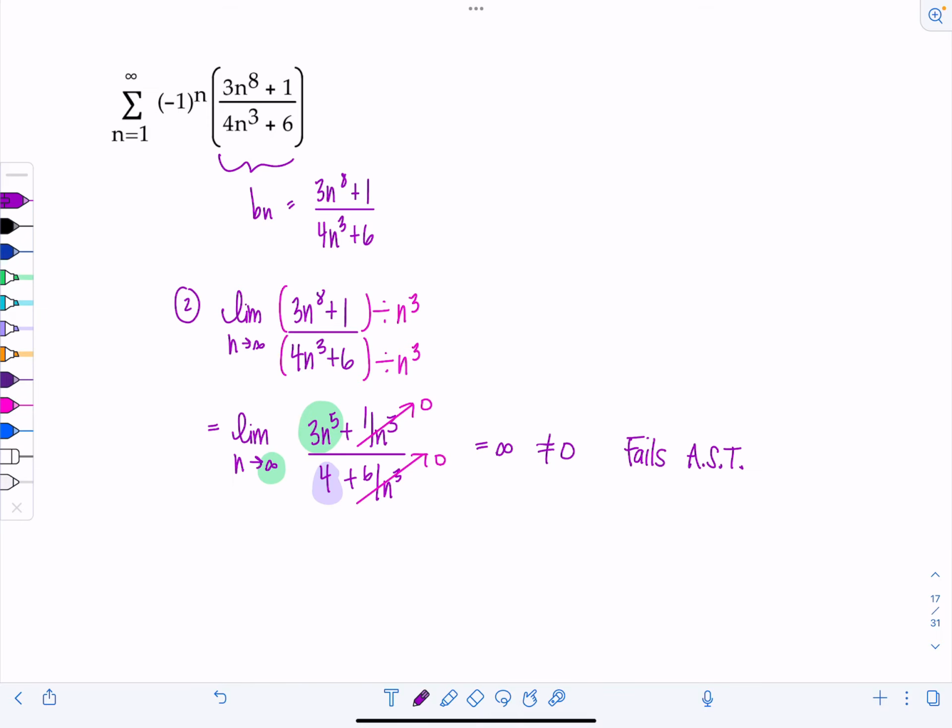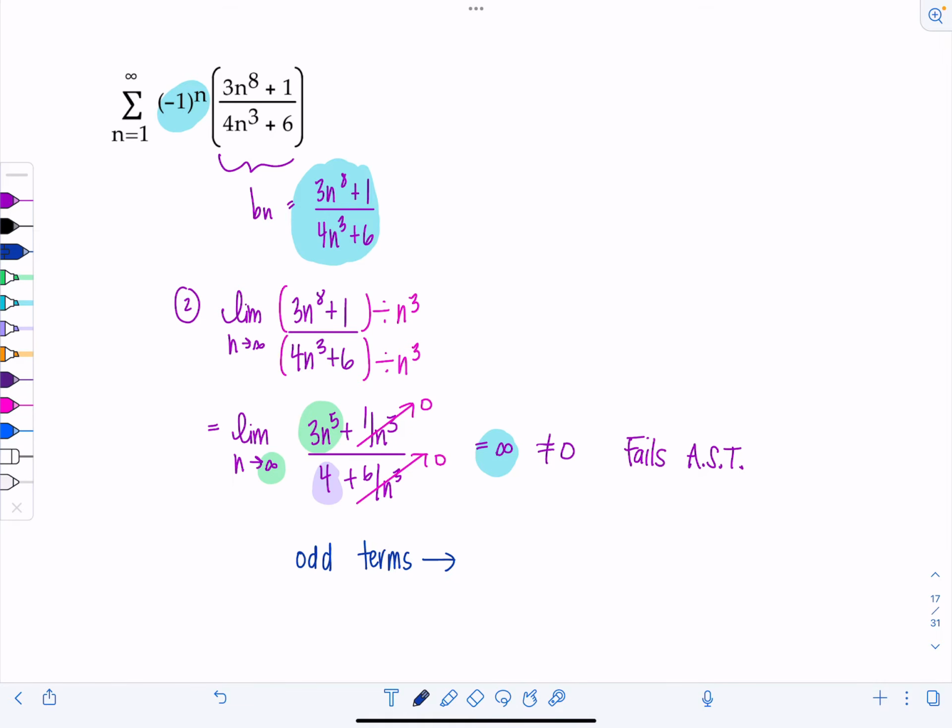But if not, what you would do is you would just say, okay, since these terms aren't going to 0, they're going to infinity, and the original series was alternating, that means all of the odd terms, like A1, A3, A5, A7, those would all have negative 1 raised to an odd power. So those would be negative terms.